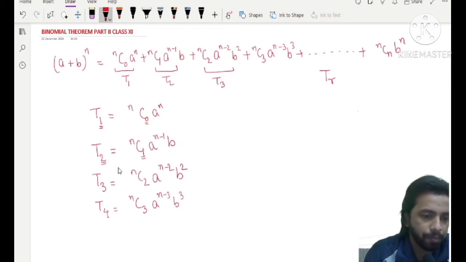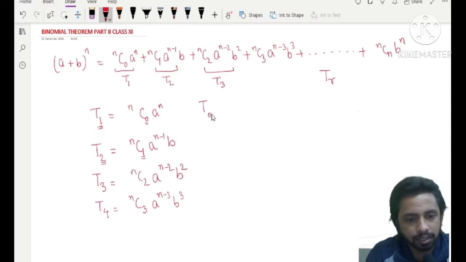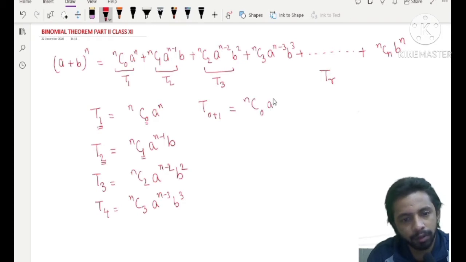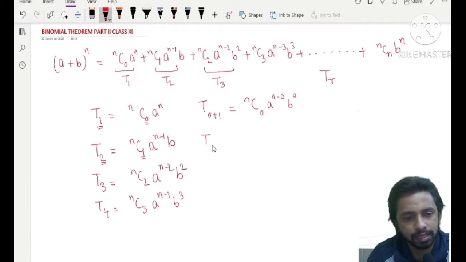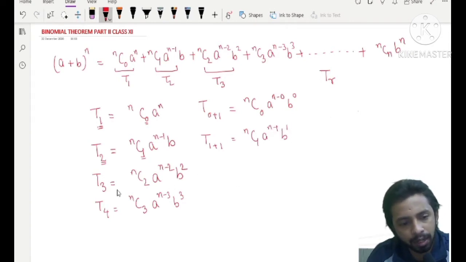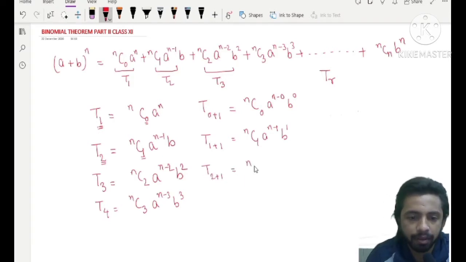So if I write t1 as t 0 plus 1, then I write it this way: nC0 a to the power n minus 0 b to the power 0. Or if I write t2 as t 1 plus 1, then I write it as nC1 a to the power n minus 1 b to the power 1, right? t3 can be written as t 2 plus 1, and this will give me nC2 a to the power n minus 2 b to the power 2.